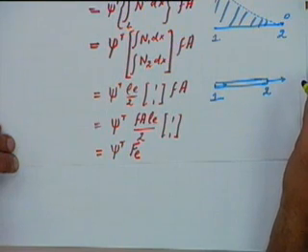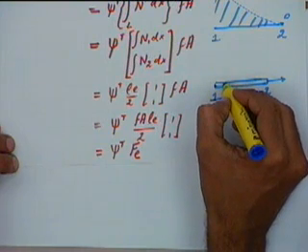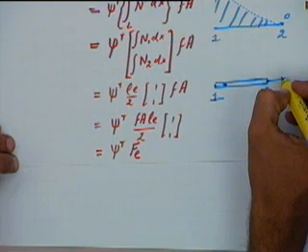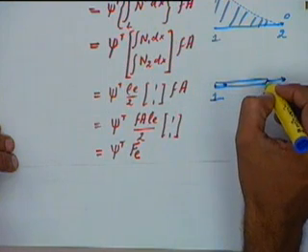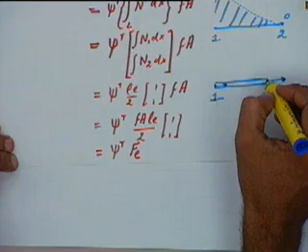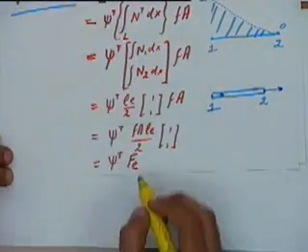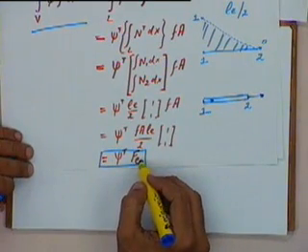The virtual work done will be the virtual displacement of the first node into this force plus the virtual displacement of the second node into this force. That is the virtual work done against the body force acting in this element. So this term can be simplified into psi transpose times Fe.